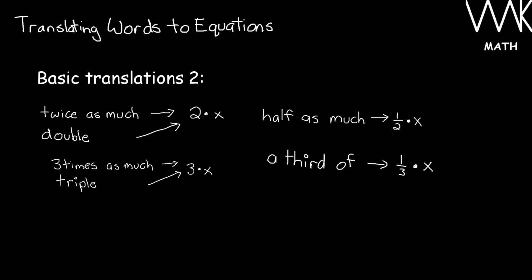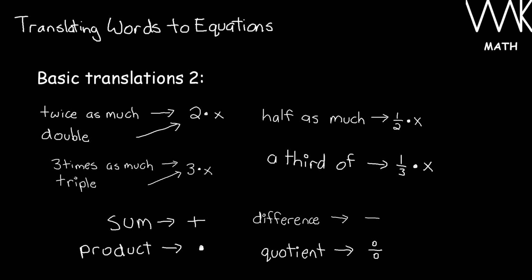Similarly, if you see a third of, it's a third times x, or you could use x divided by 3. Finally, whenever you see some of these buzzwords, sum, difference, product, and quotient: sum means addition, difference means subtraction, product means multiplication, quotient means division.